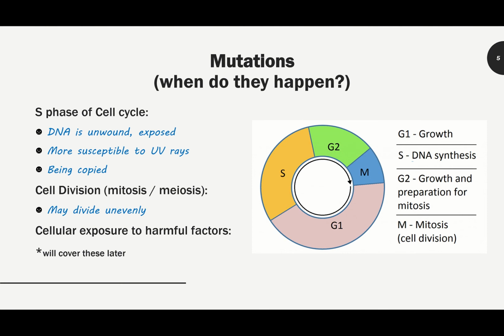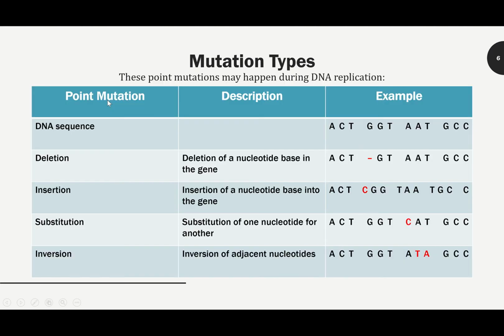Bad DNA will just produce cancer. And mutations also happen during cell division, such as mitosis or meiosis, and it happens when they divide unevenly.